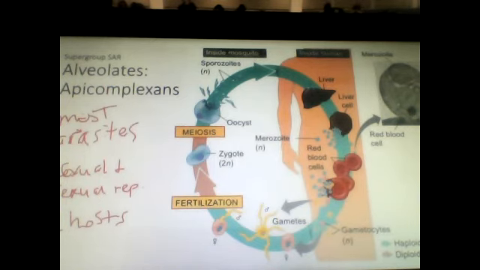So we're going to talk about this one. This example is Plasmodium. Anyone know what Plasmodium causes? It does burst red blood cells, as it causes malaria. So this is Plasmodium, which is the causative agent of malaria.